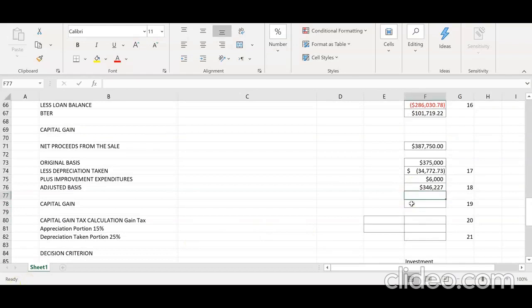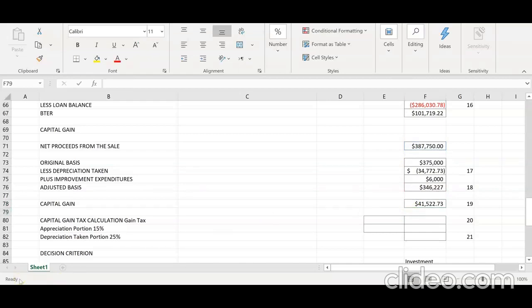For the capital gain, we're going to use minus the adjusted basis.